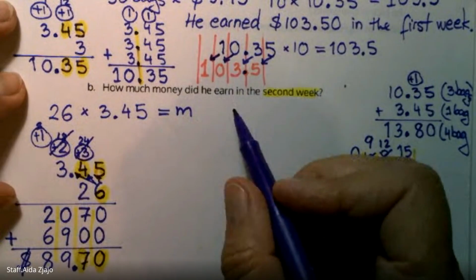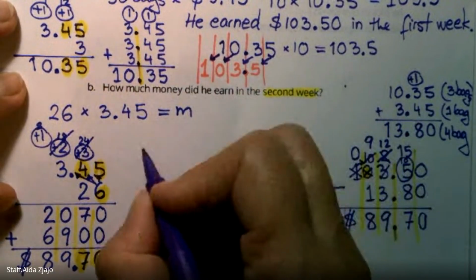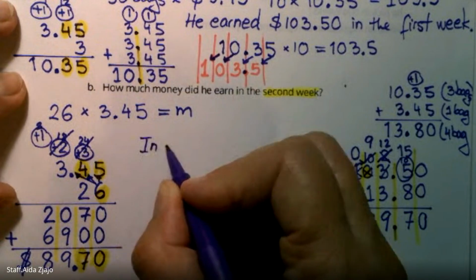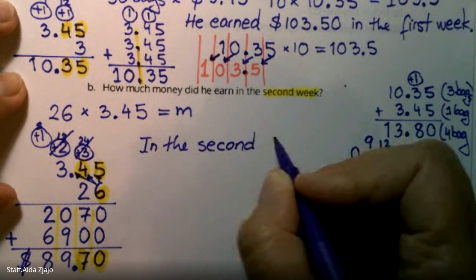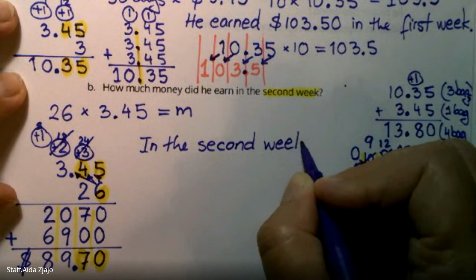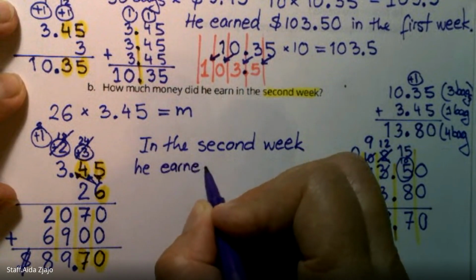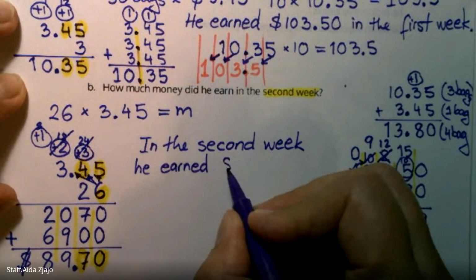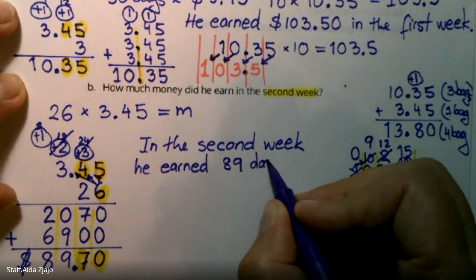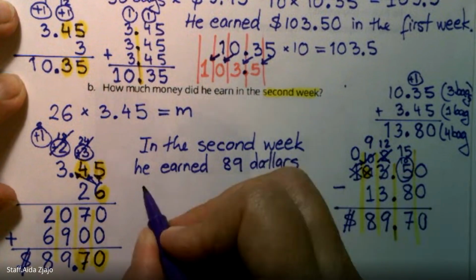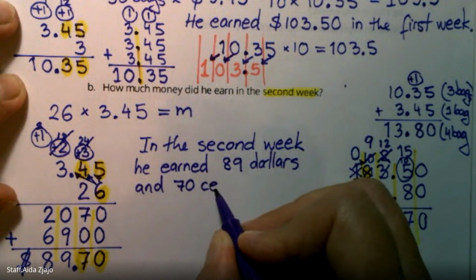So we can use how much money he earned in the second week. In the second week, he earned $89 and 70 cents.